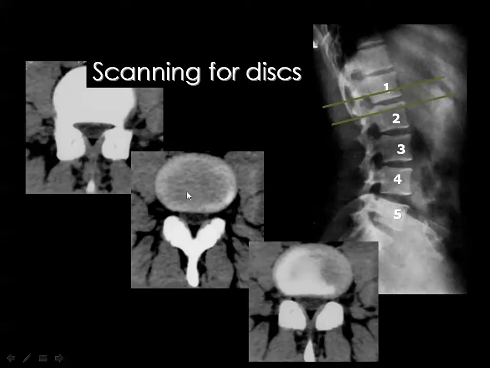The disc is a soft tissue structure which is similar to the soft tissue muscles along the sides of the vertebra. If you look at this section, for example, this area does not appear like the muscles, so you are cutting in the bone. And here also you are cutting in the disc as well as in the bone, but at this level you are cutting actually in the disc, and this is the value of aligning the section parallel to the direction of the disc itself.